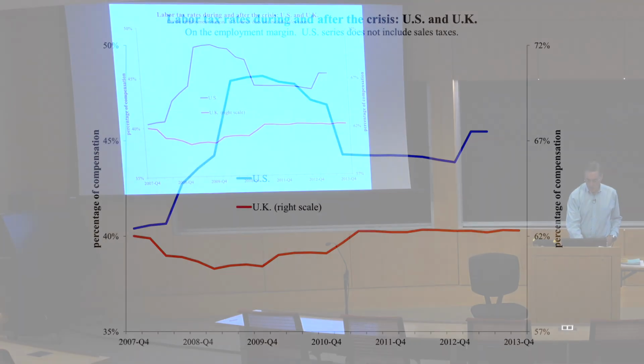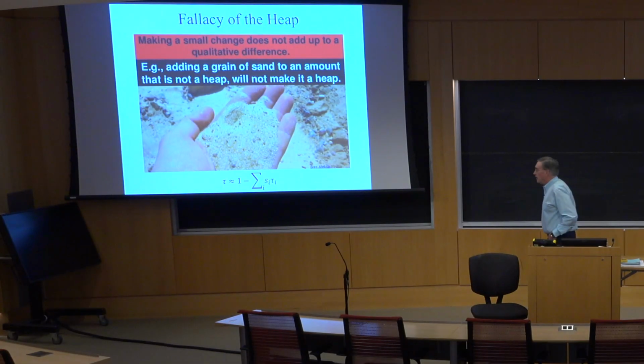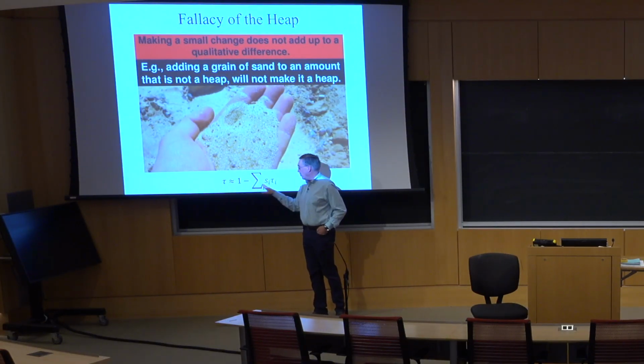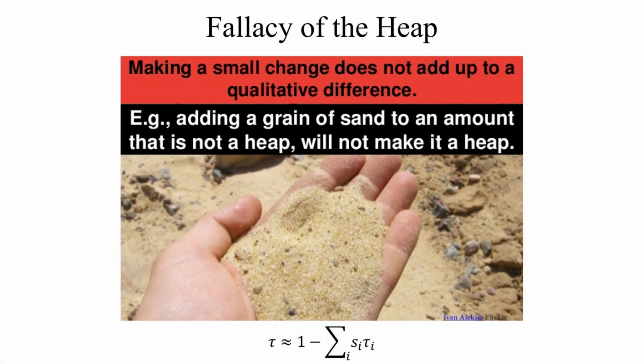Another point of confusion I call the fallacy of the heap. Sorry, this formula I copied: tau is the weighted sum of the individual taus, no 1 minus. It's known in logic as the fallacy of the heap. But what I heard a lot during this period is, oh yeah, I studied the disincentives of the food stamp program, which is like one piece of the tau for some of the people.